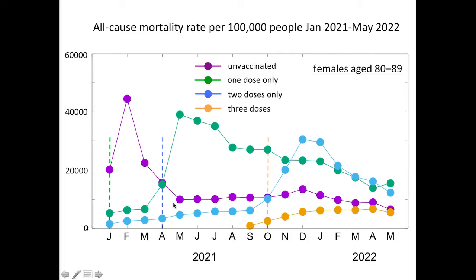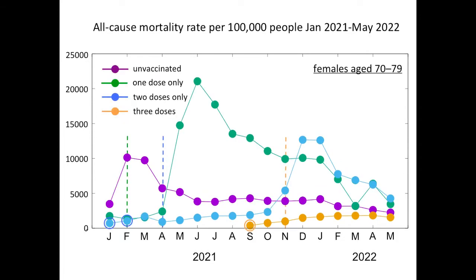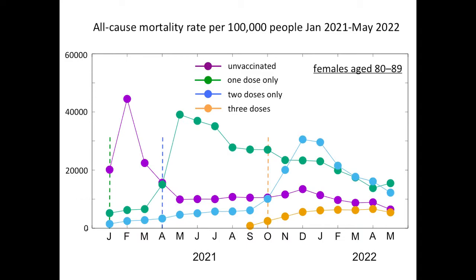Again, we note that the unvaccinated group stays relatively constant through summer and autumn of 2021, and then tends to fall in the spring of 2022. And again, we see this sort of constancy of the 3-dose group in terms of mortality rates through the spring of 2022.